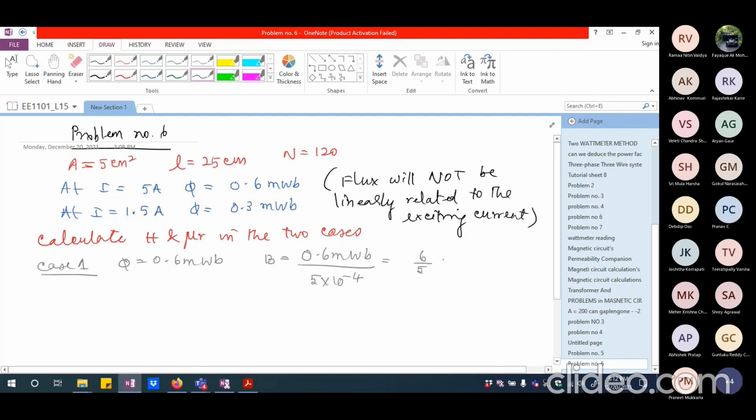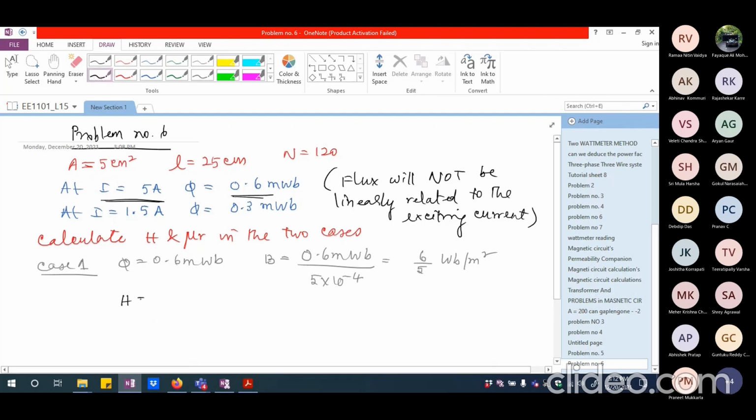So I should get 6 by 5 Weber per meter square. That is what we are going to get as the flux density in the first case. We are talking about the I equal to 5 ampere case. And 1.2 is the flux density.